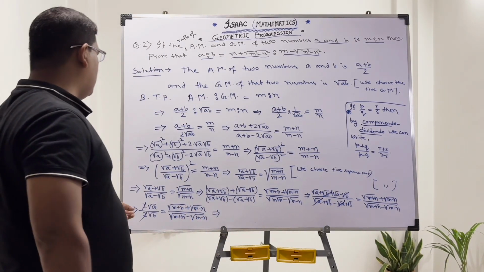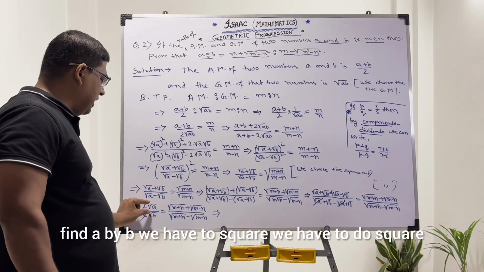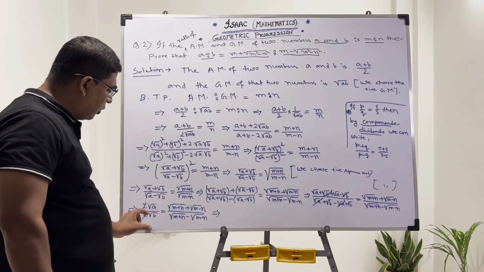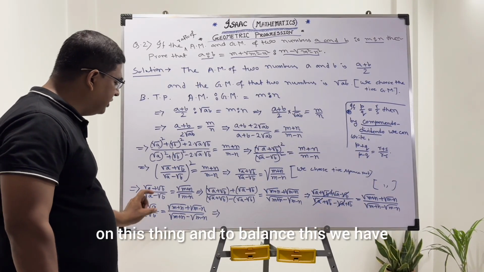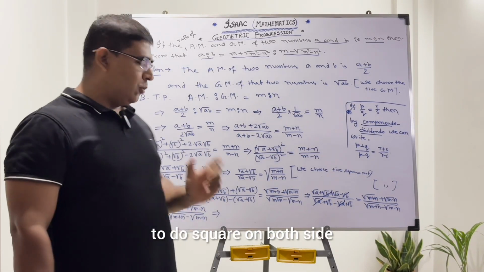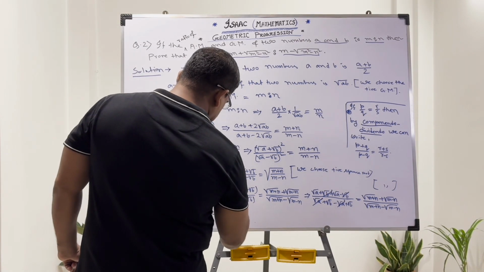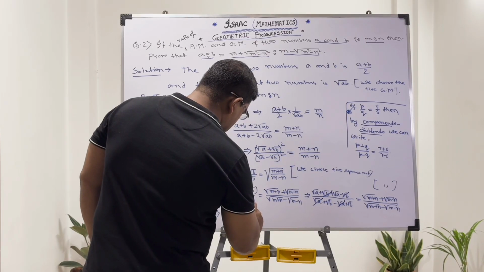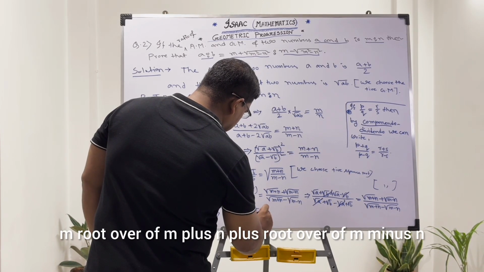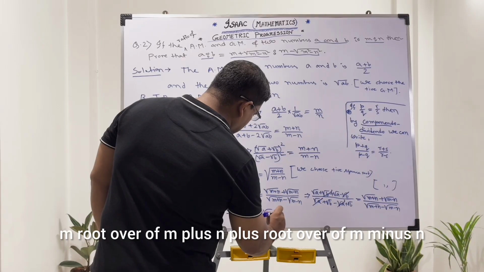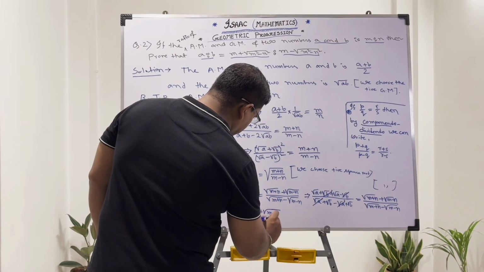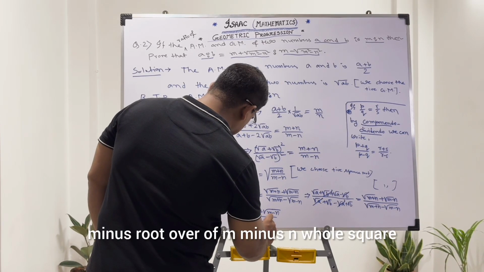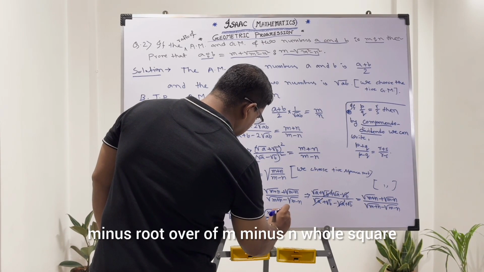Now to find a by b, we have to do square on this thing, and to balance this we have to do square on both sides. That is why a by b is equal to (root of (m plus n) plus root of (m minus n)) by (root of (m plus n) minus root of (m minus n)) whole square.